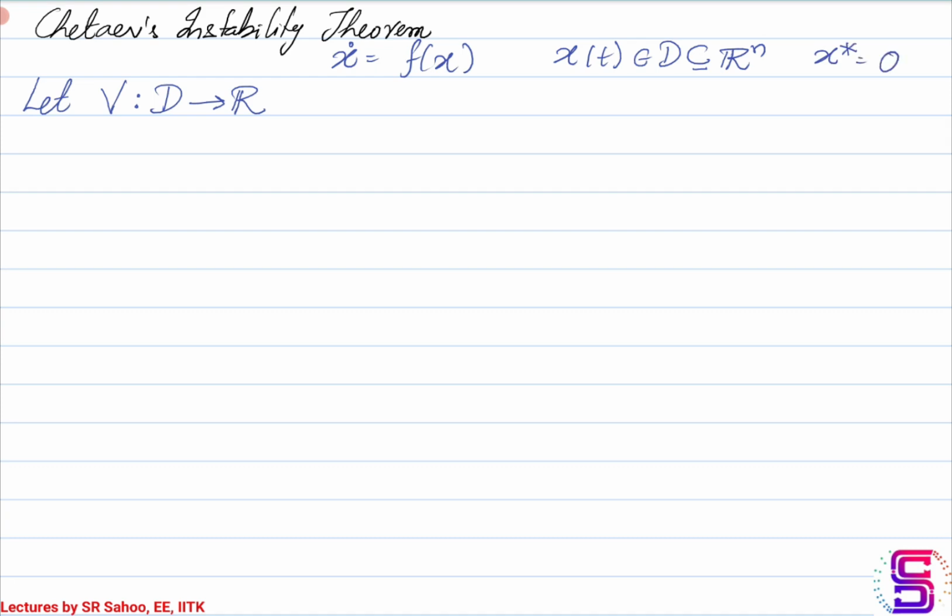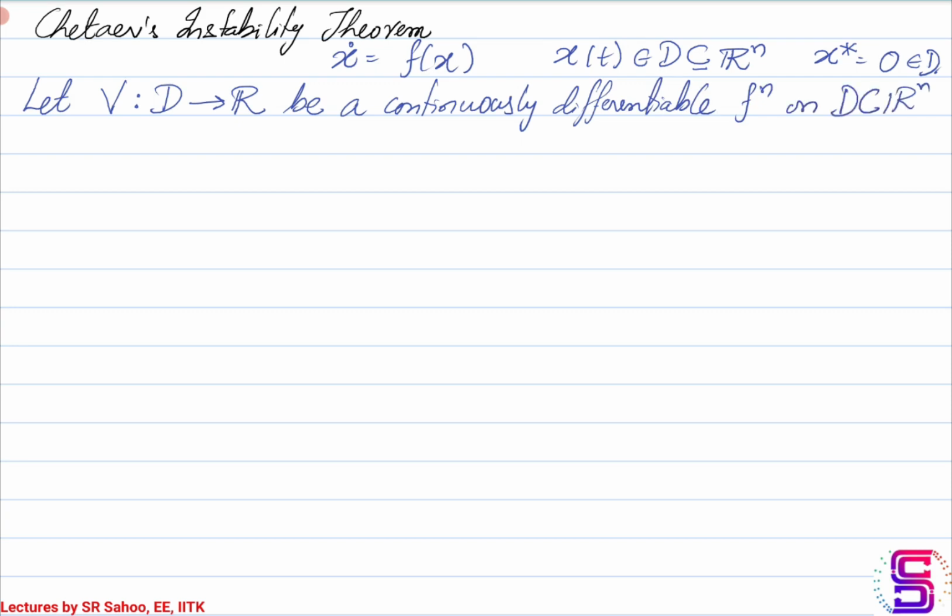Okay, so let V be a function that maps from D to R, and please mind that we are still concerned about systems of this form where x(t) belongs to D and D is a subset of Rn, and the origin is the equilibrium point which belongs to D. Okay, so let V be a continuously differentiable function on the domain D, which is a subset of Rn.